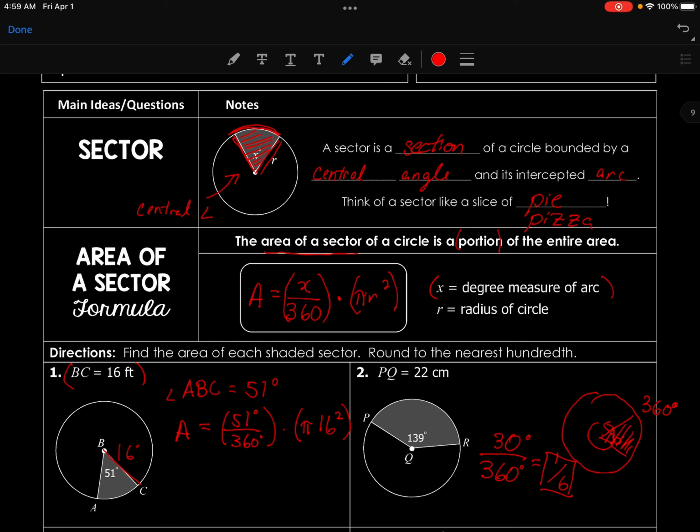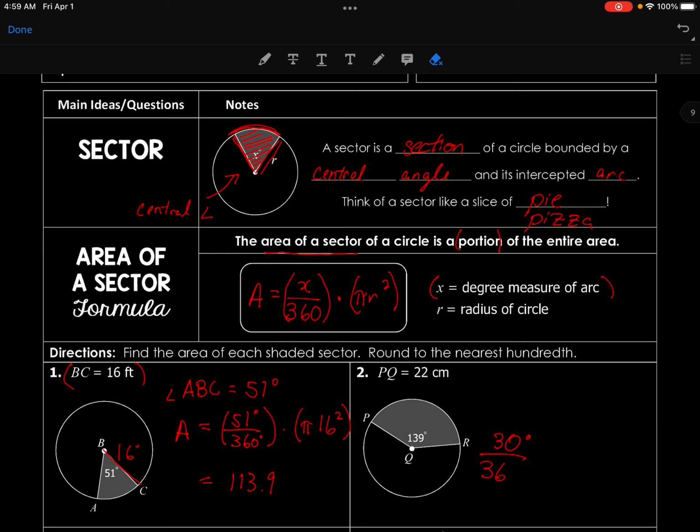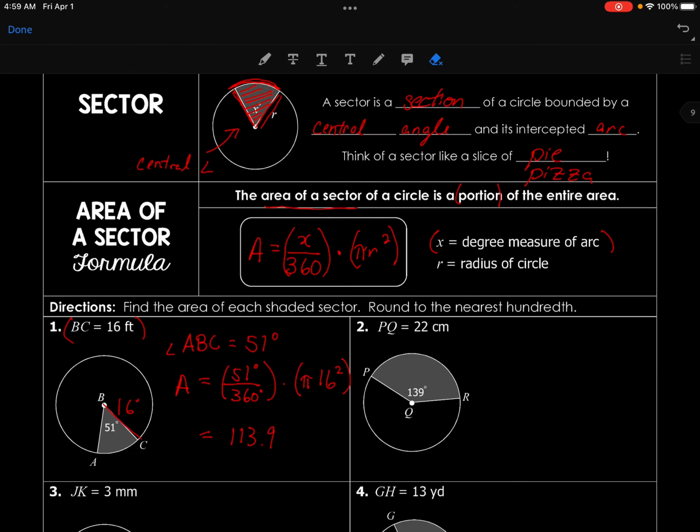Now, if you put this in the calculator, you're going to get 113.9. And that should be the area. It's very simple. I'm going to go to the next part.